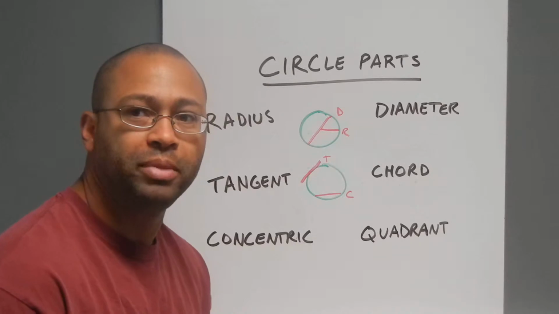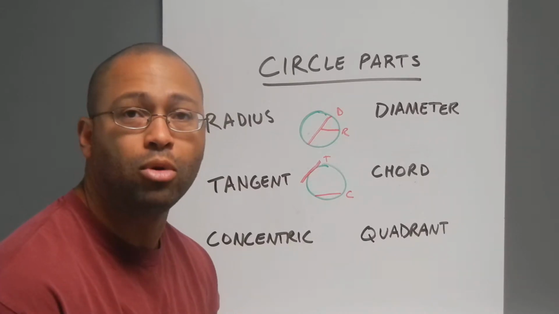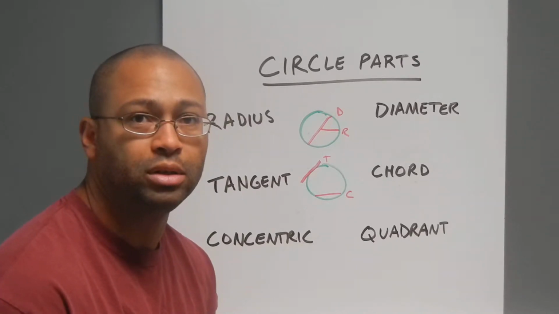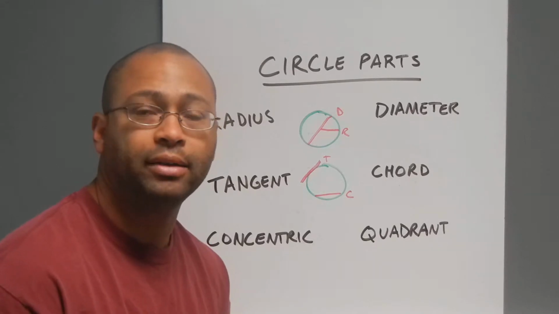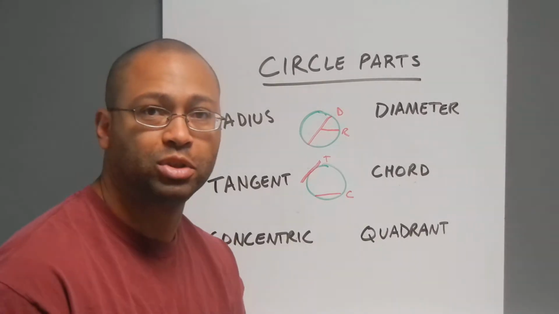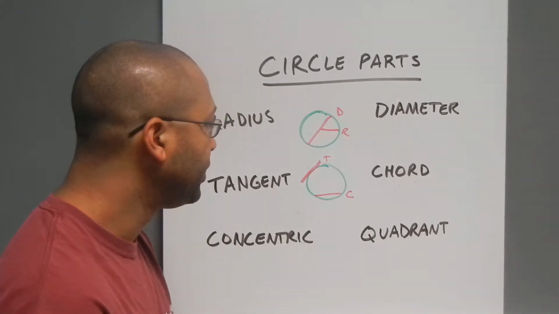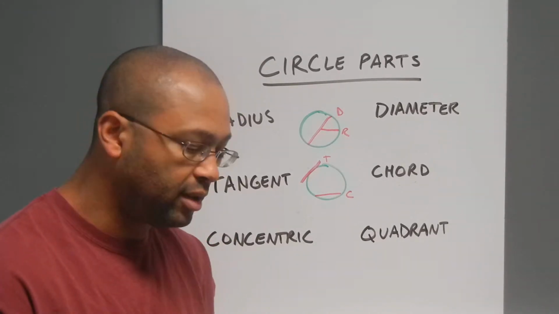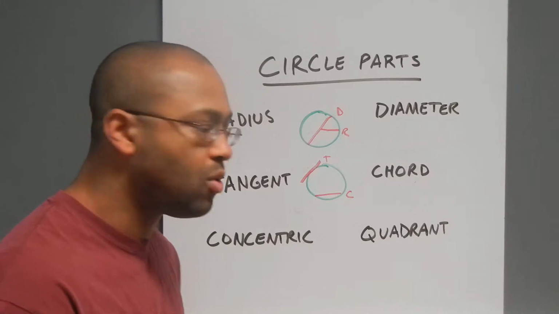Concentric circles means that two or more circles share the same center point, kind of like a bullseye. Think of it that way when you think of concentric circles. Now let me draw a quadrant for you.